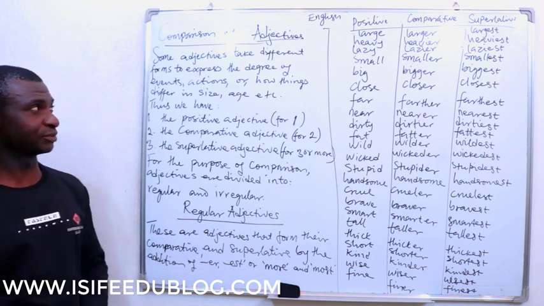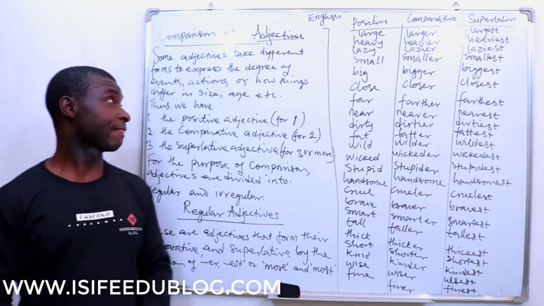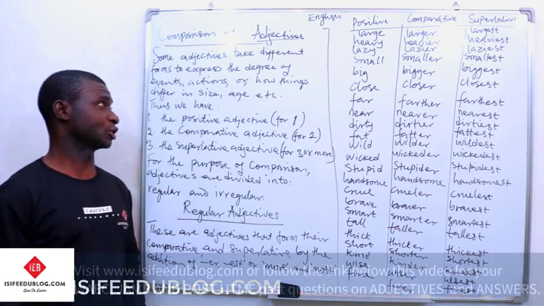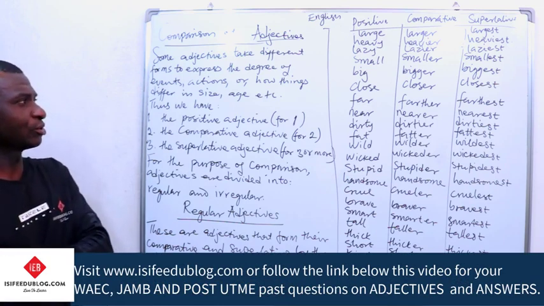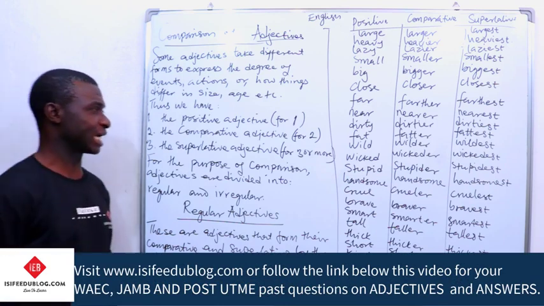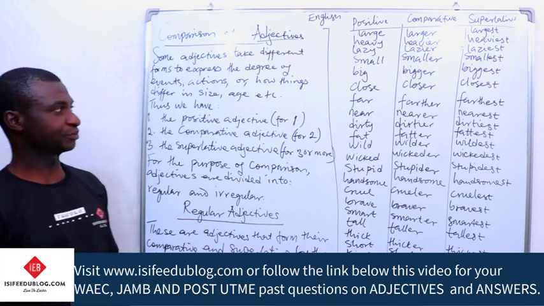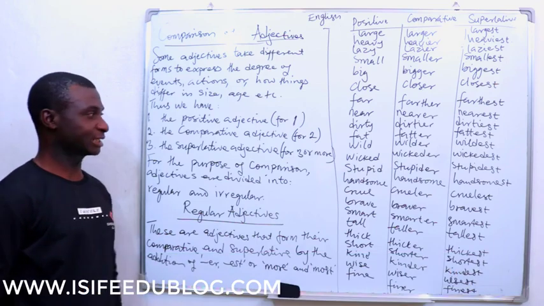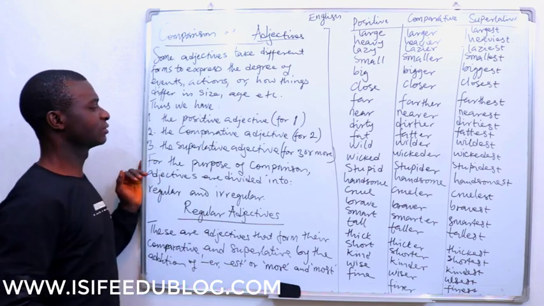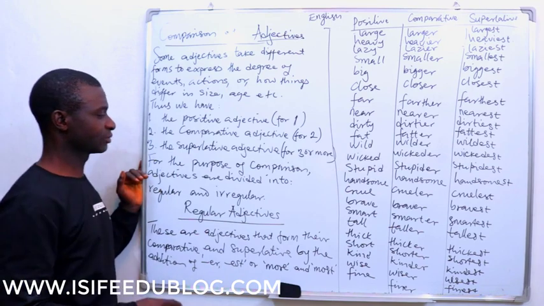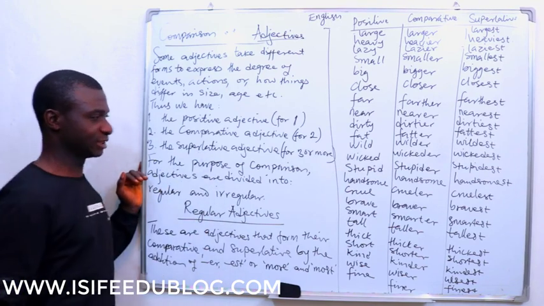Yes, some adjectives take different forms to express the degree of events, actions, or how things differ in size, age, etc. That's why we have the positive adjective, the comparative adjective, and the superlative adjective.